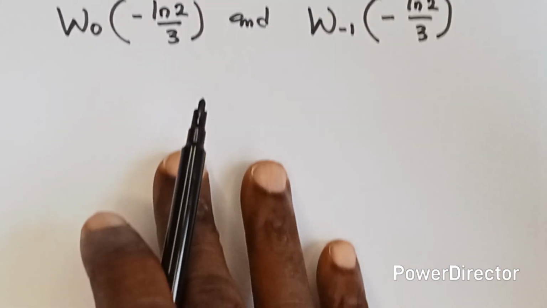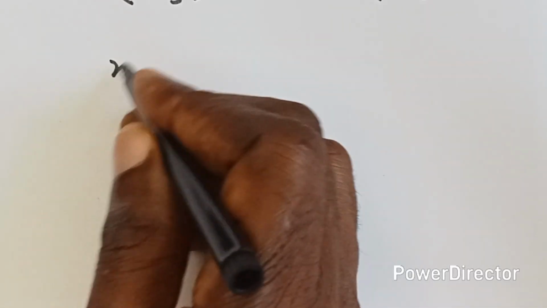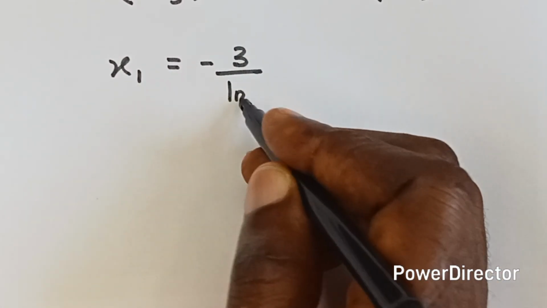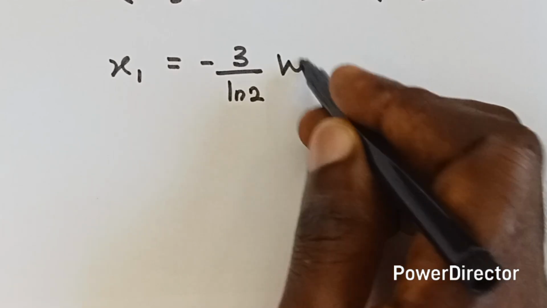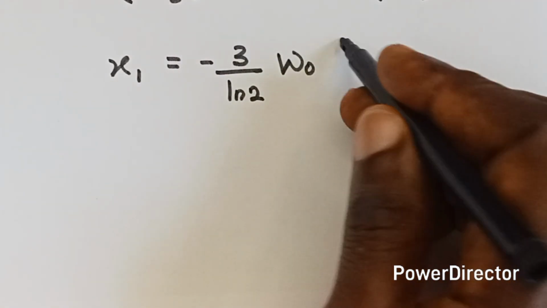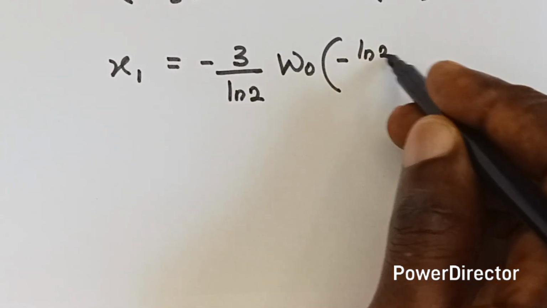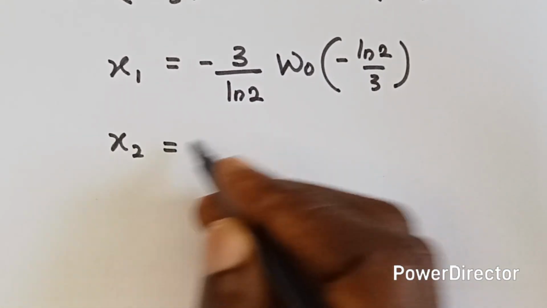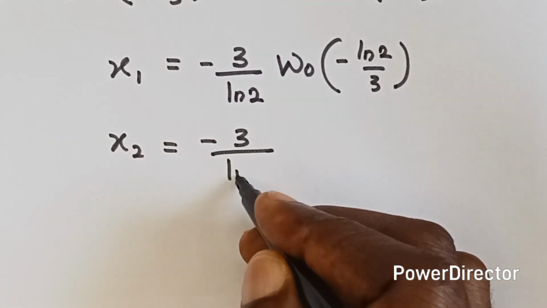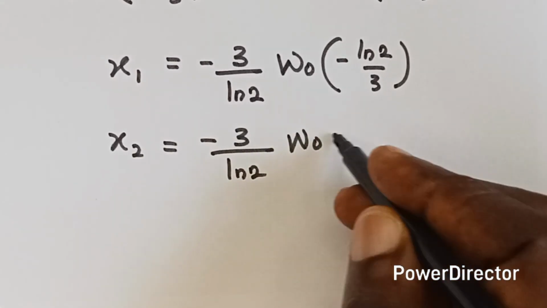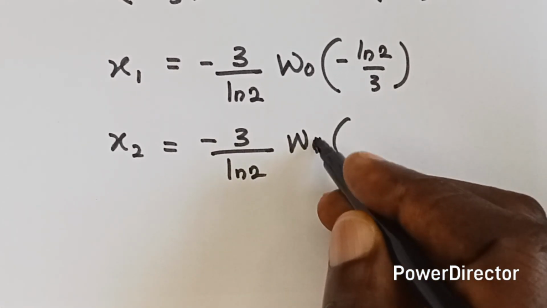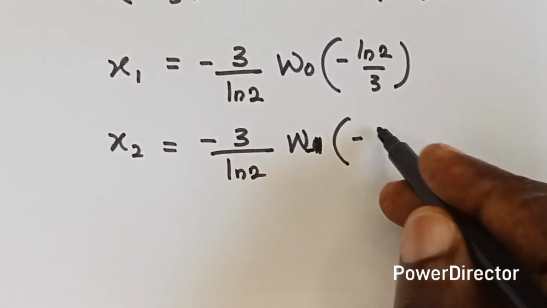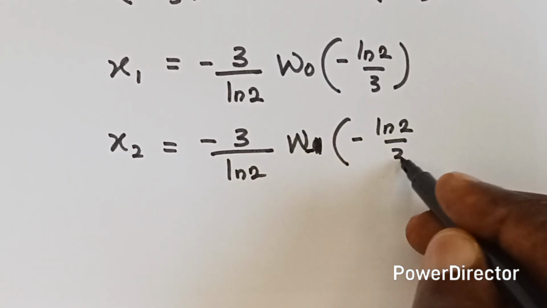Then that means for the value of x, we have x1. Our x1 will be minus 3 over ln 2, then W0 of the constant, and our x2 now will be minus 3 over ln 2, then this is W minus 1, sorry, this will be W minus 1 of minus ln 2 over 3.